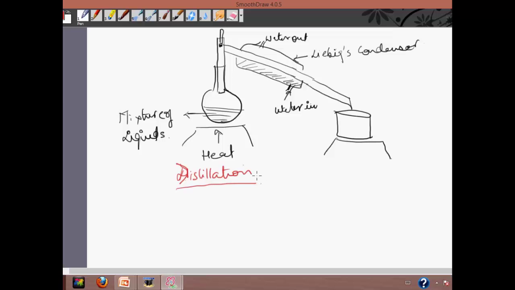So here what we have done is we have taken a mixture of two liquids, let's say alcohol and water.